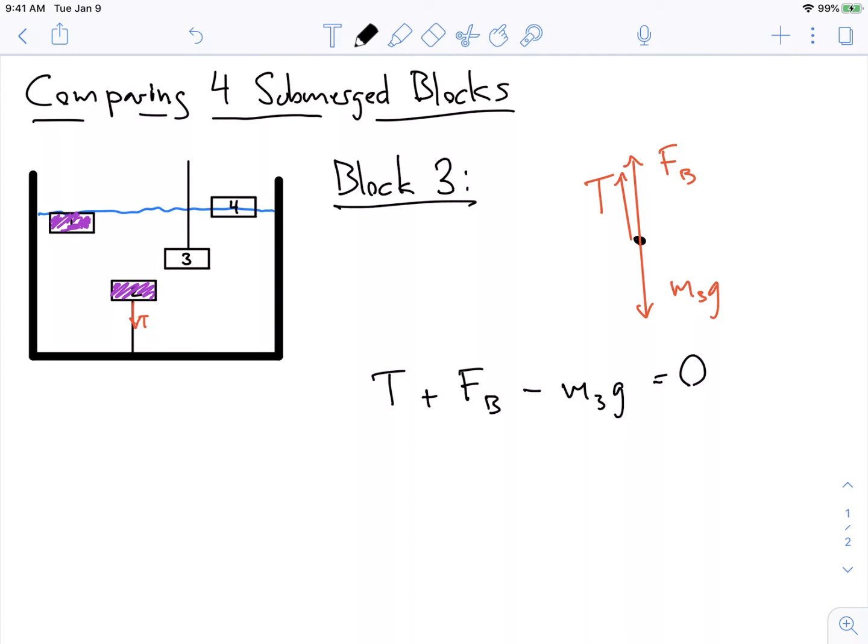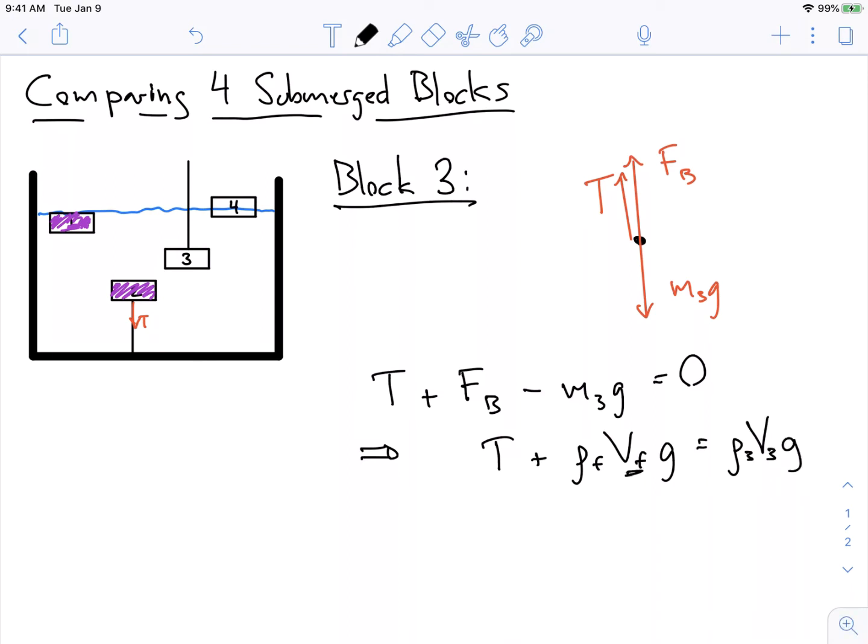Just like before, we could simplify this: the tension plus the density of the fluid times the volume of the fluid displaced times g is equal to the density of 3 times the volume of 3 times g.